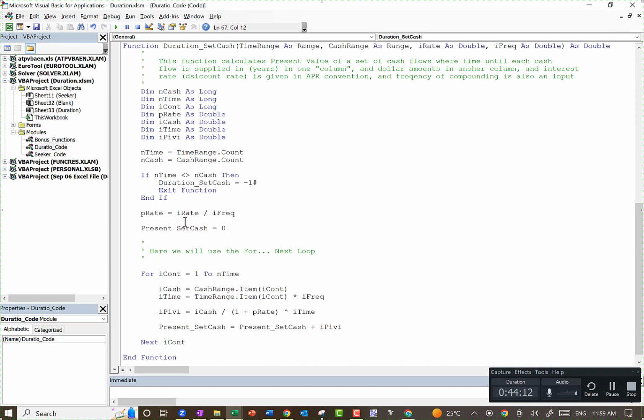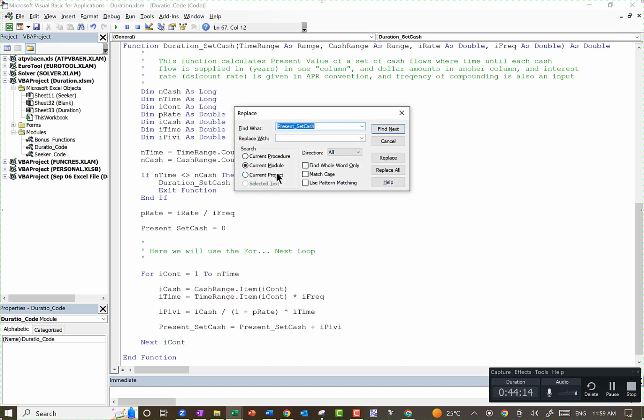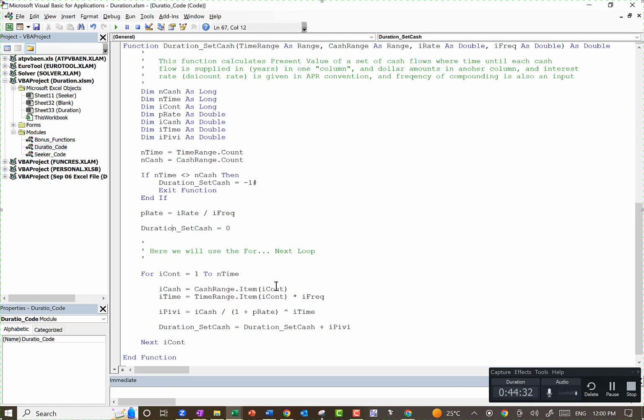In fact, if I hit Control H, just in this current procedure, whenever it sees present dash, make that into duration dash. That's my lazy way of changing it.